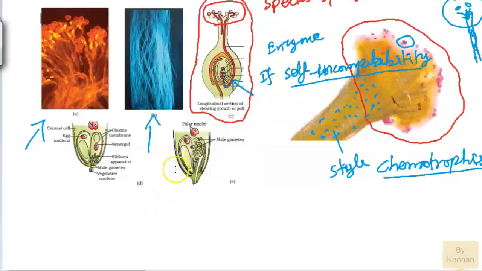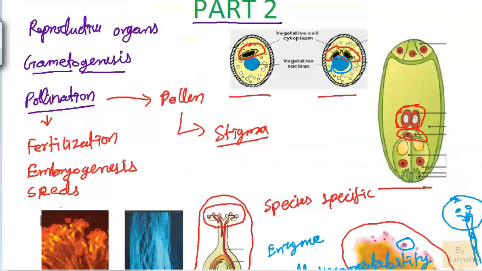Now, here is the structure of the embryo sac. After the tube cell grows, it reaches the embryo sac through the micropylar end of the ovule.